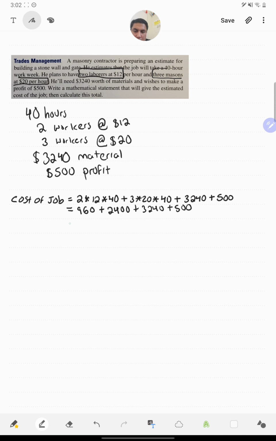Okay, now let's add all of those numbers. So when I add all of the numbers, I get 7,100. So the cost of the job would be $7,100.